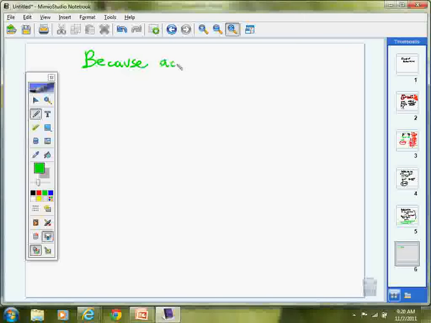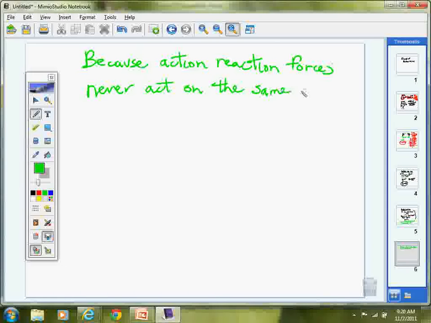Because action-reaction forces never act on the same object. It's always like this.